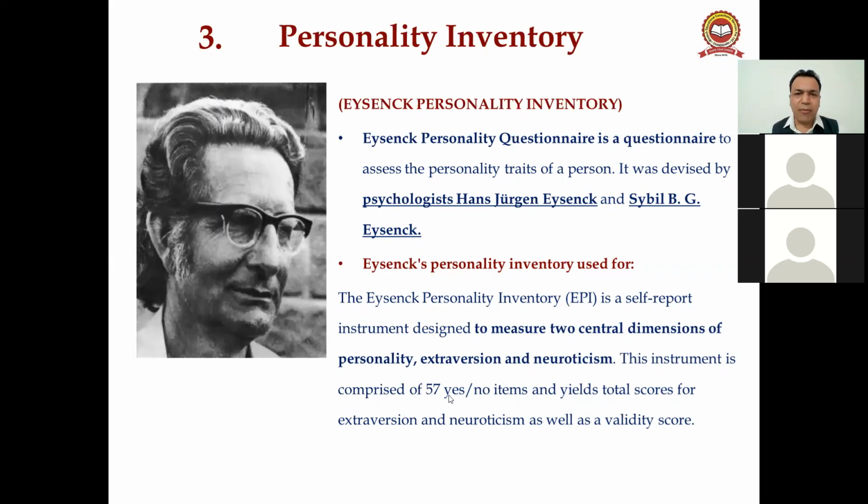So guys, here one question can also come out. The examiner can ask what are the dimensions of the Eysenck personality inventory. So you should know that, right? The dimensions given by Eysenck are two: extraversion and neuroticism, meaning introversion and extraversion.